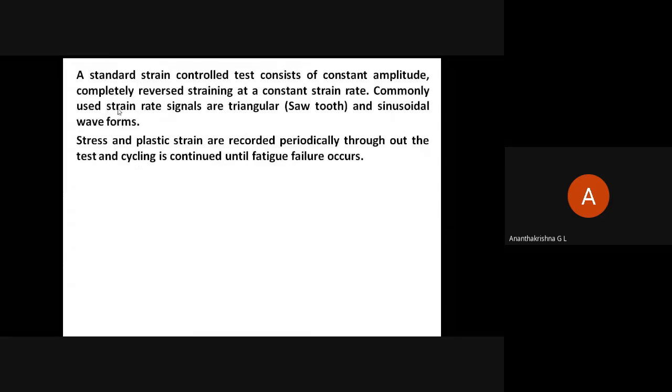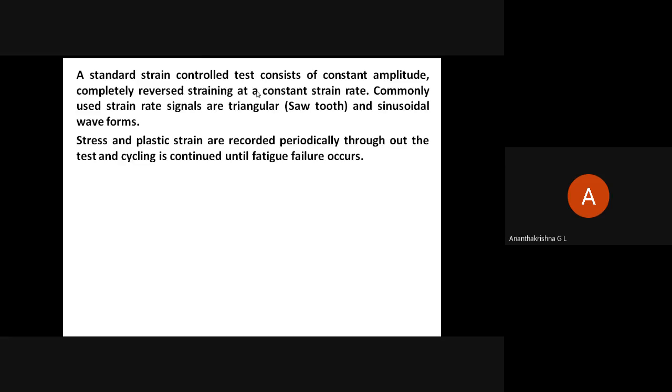A standard strain controlled test consists of constant amplitude, completely reversed straining at a constant strain rate. Constant amplitude in the sense we apply plus 50, minus 50 or plus 100, minus 100. There is no variation in amplitude, and completely reversed straining, that is plus 50, minus 50, at a constant rate, that is so many cycles per minute.